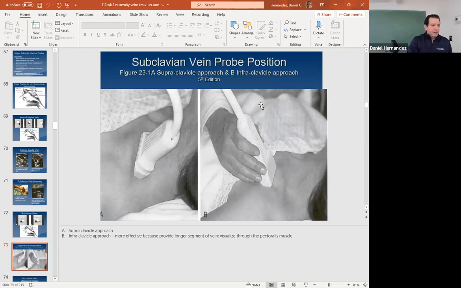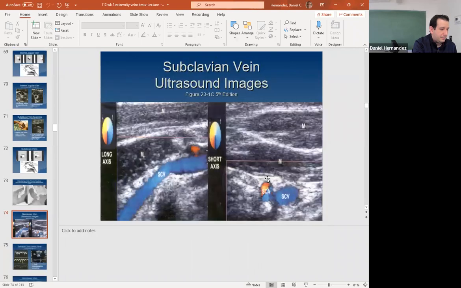So you can utilize two approaches when trying to image subclavian. You can attempt a supraclavicular approach above the clavicle, or an infraclavicular approach just below it. So you can see a long axis and a short axis image here of subclavian vein.